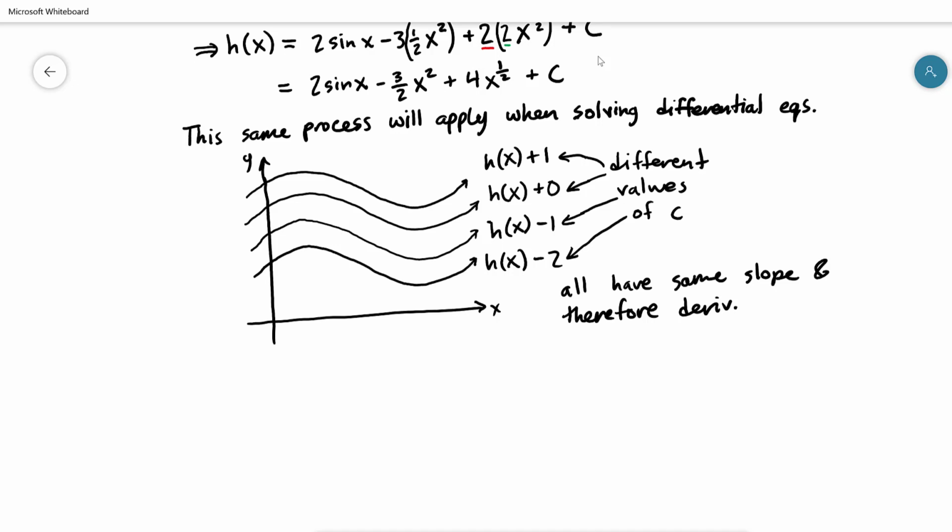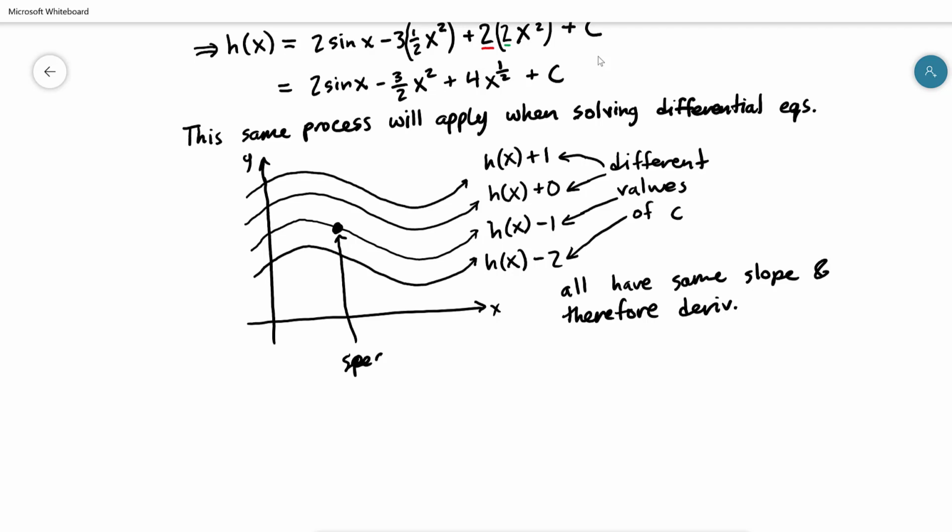So if we are working on a differential equation, for example, where we're trying to find which is the appropriate h of x to use, we'll have to have some additional condition given where we specify some specific point.